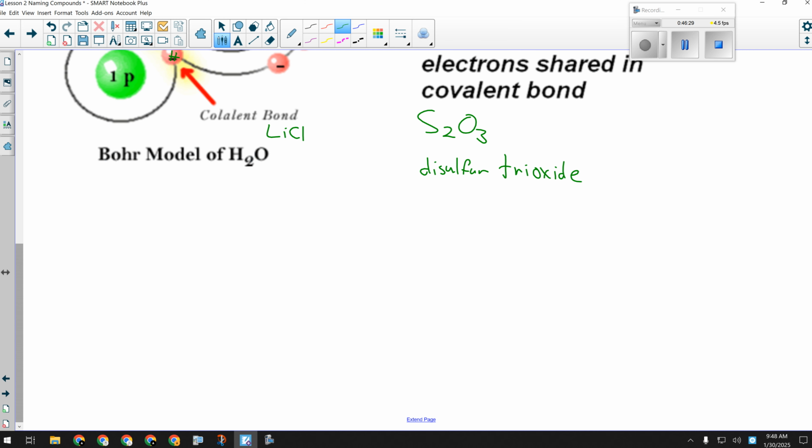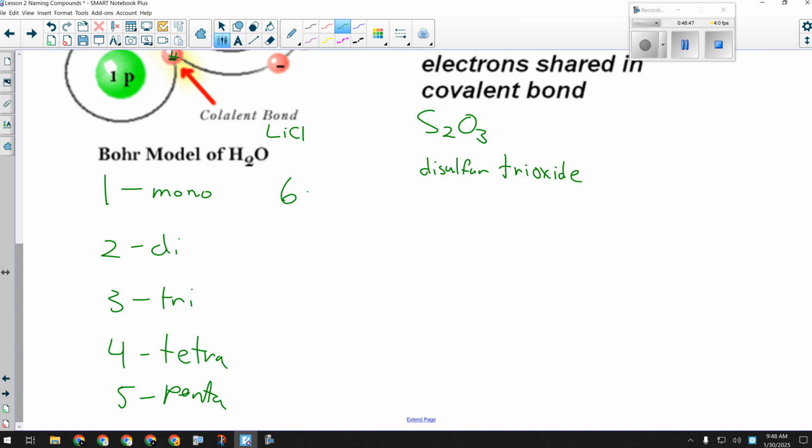So 1 is mono, 2 is di, 3 is tri, 4 is tetra, 5 is penta, 6 is hexa, 7 is hepta, 8 is octa, 9 is nona, and 10 is deca.